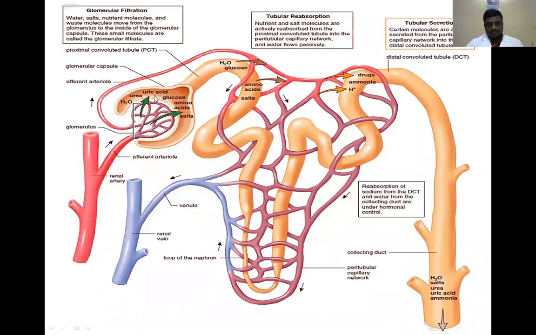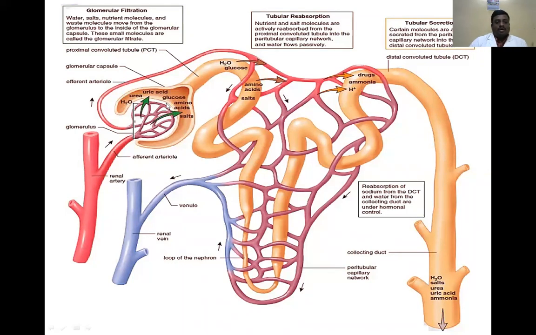What is the function of the nephron? The main functions are filtration, reabsorption, and secretion. So what is filtration, what is reabsorption, and what is secretion?